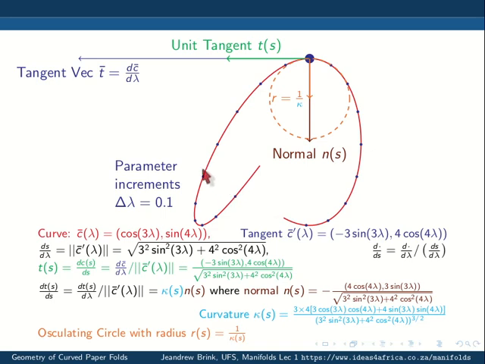Is the curvature here bigger or smaller? Smaller, it's less curved, so your radius of curvature, 1 over kappa, is going to be bigger. You're going to have a much bigger circle fitting over there.